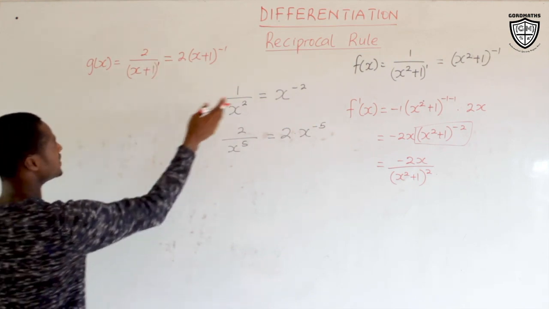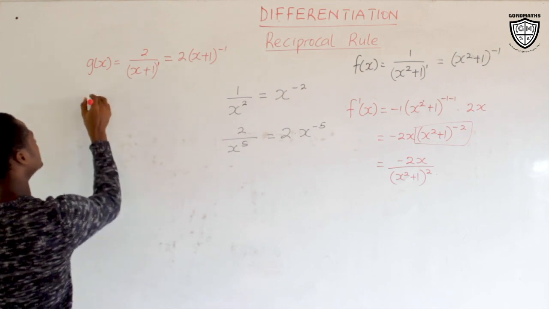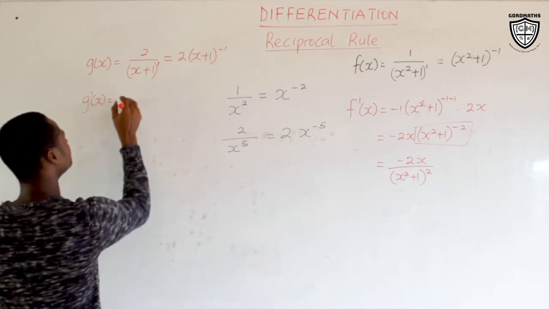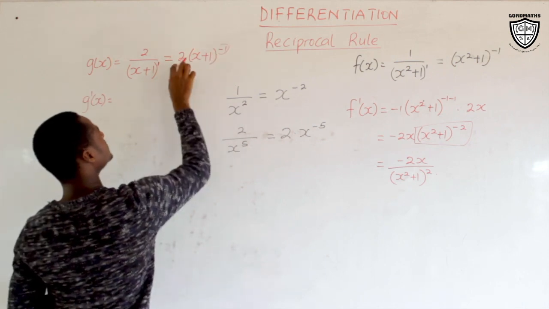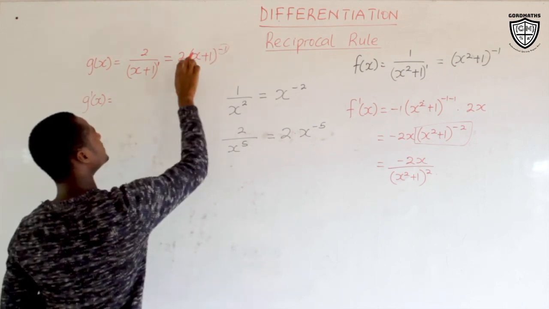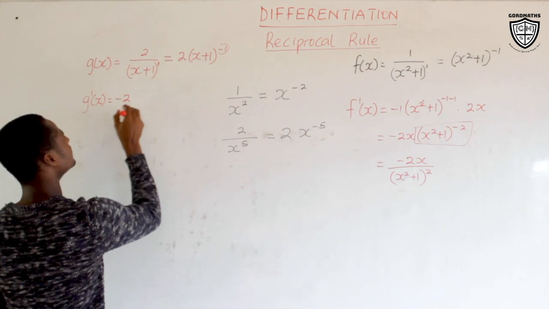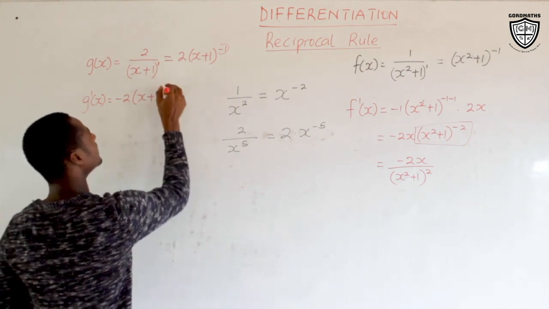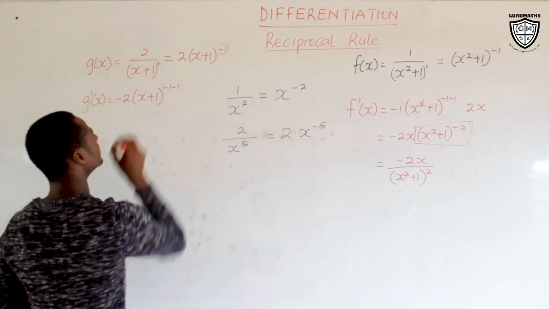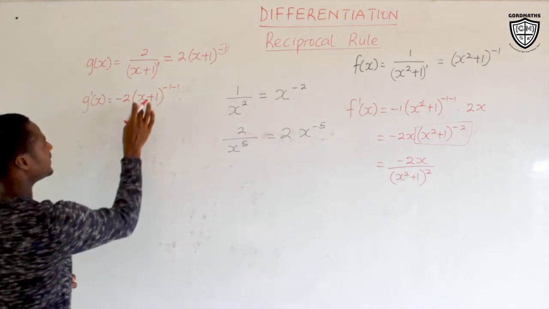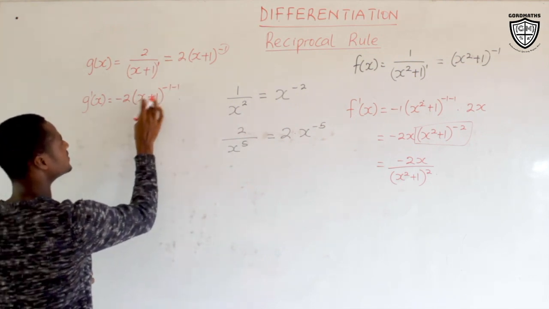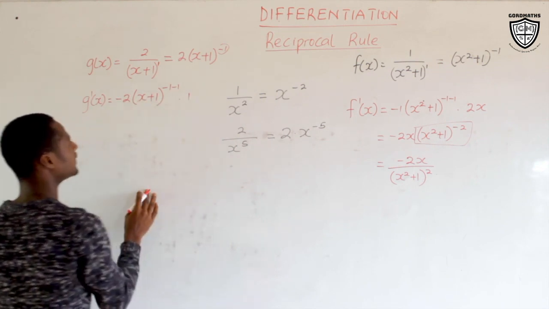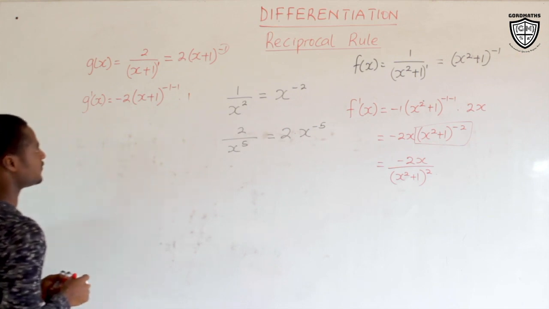Then we use the power rule to differentiate this, and so g prime of x will be equal to negative 1 multiplies the entire function. So negative 1 times 2 will give us negative 2. Then in bracket we have x plus 1, raised to negative 1 minus 1. This is multiplied by the derivative of the function in the bracket, x plus 1. The derivative of x is 1, and the derivative of 1 is 0.